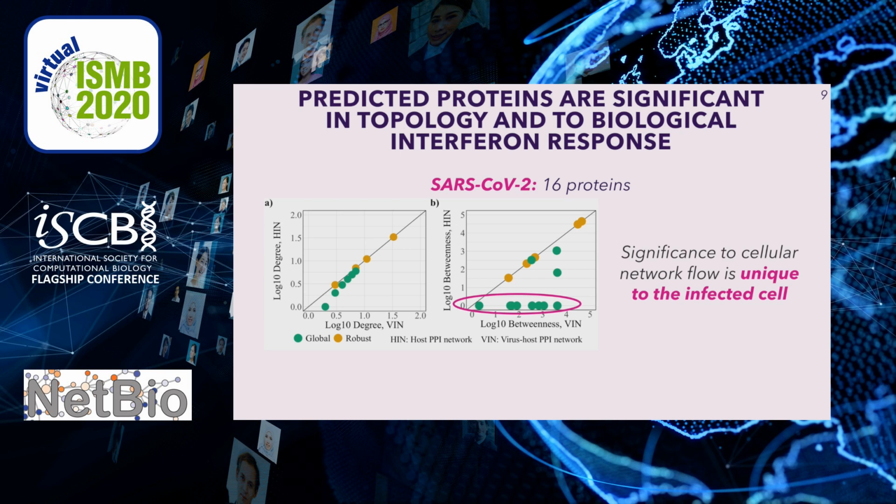And when we go into the biological roles of these proteins, we find that they're interferon regulated, meaning that once the interferon response kicks in, they see a fold change up or down regulation of 2 in these genes, meaning we're identifying proteins computationally that are both topologically and biologically relevant to infection.